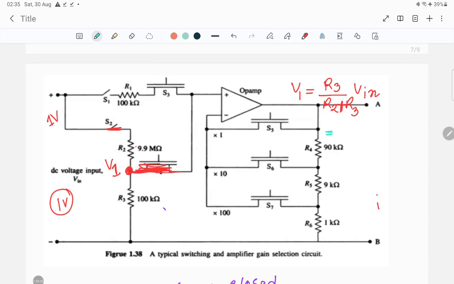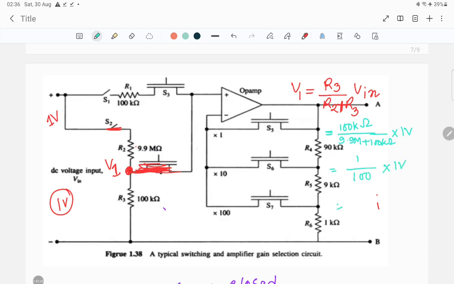So for the time being, R3 is 100 kilo ohm, and R2 plus R3 is 9.9 mega plus 100 kilo ohm, into 1 volt. If we do the calculation for the numerator and denominator, you will get a fraction, that is 1 by 100 into 1 volt.